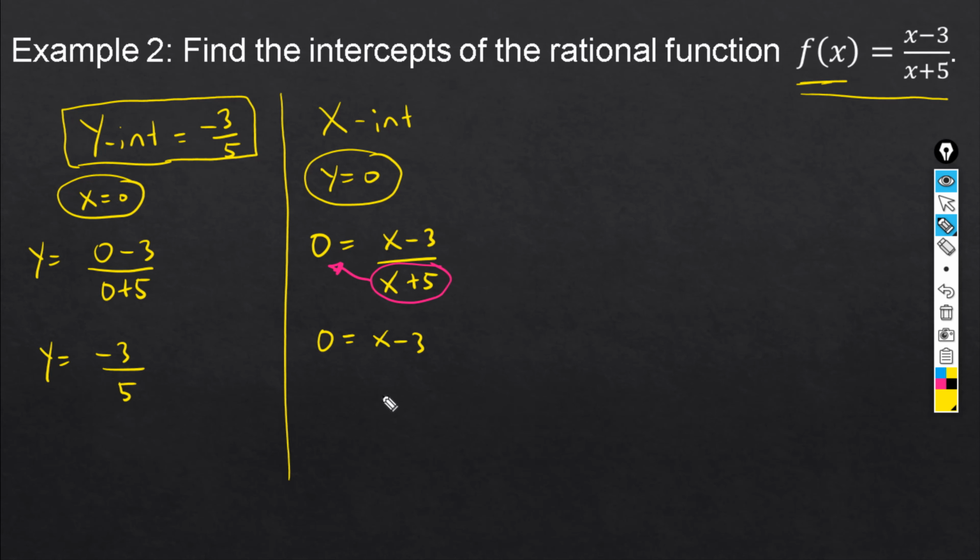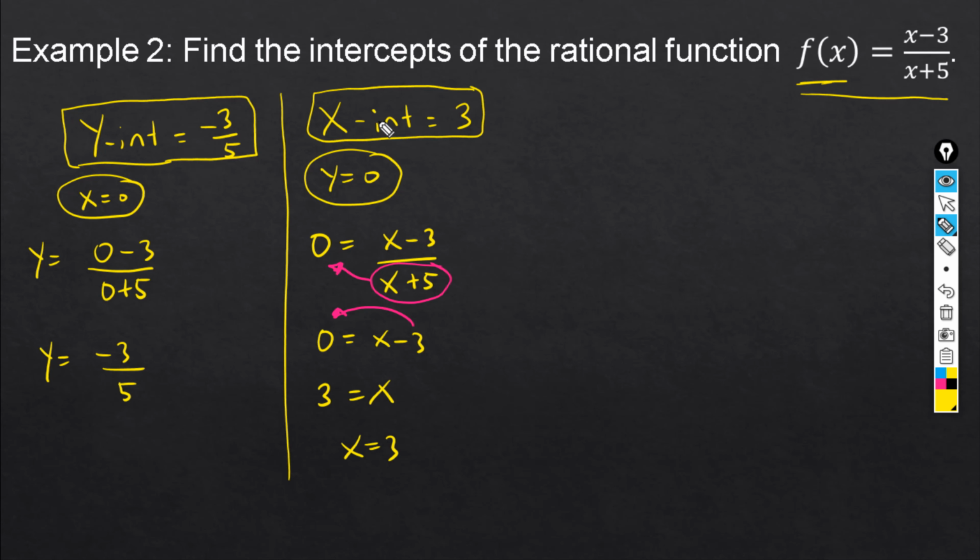Karaniwan talaga, yung x-intercept, kinocompute yan sa numerator. Tapos, transpose natin yung negative 3 sa kabila para maging positive lang si x. So, x equals 3. Ibig sabihin, yung graph natin mag-intersect sa x-axis sa 3.